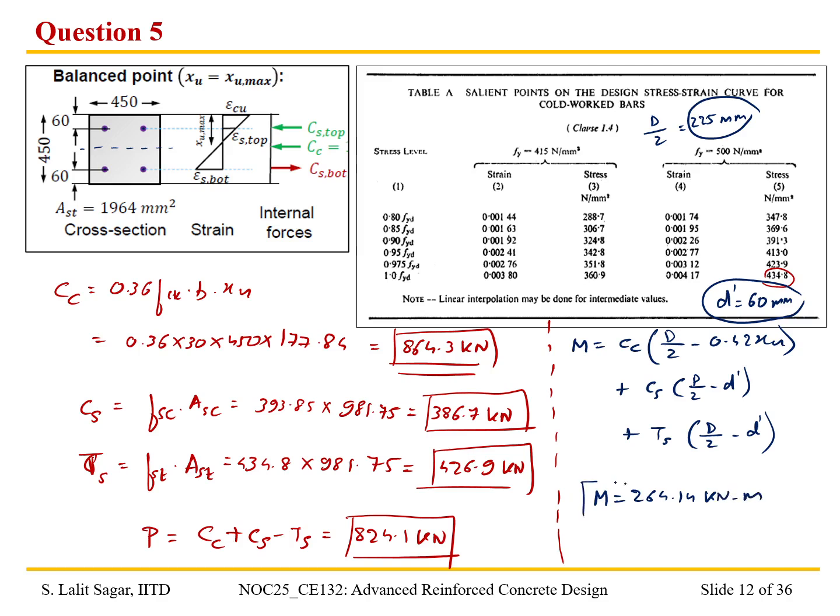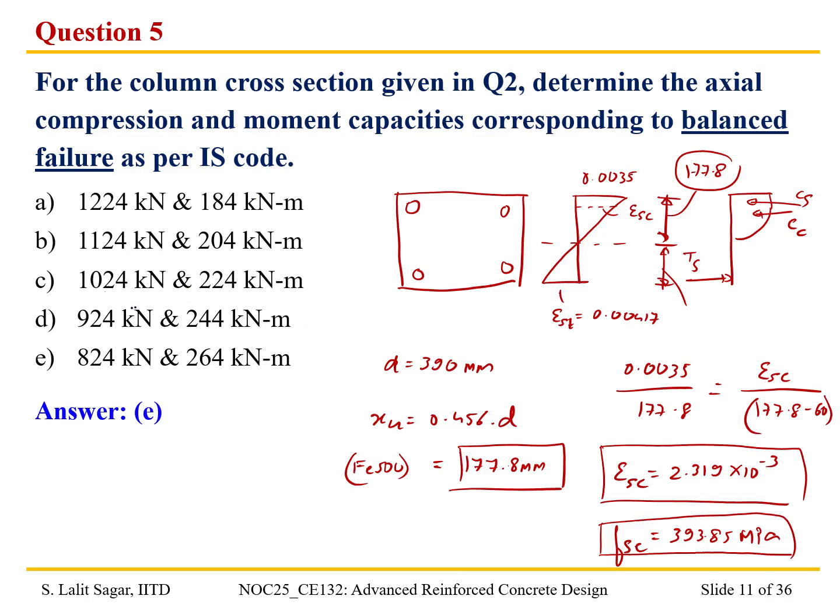That is the moment capacity. So here we have the moment capacity and here we have the axial capacity. So 824 and 264. So option E is the correct response.